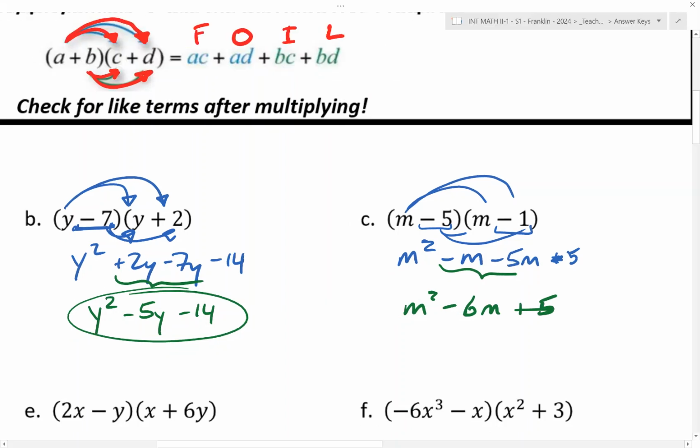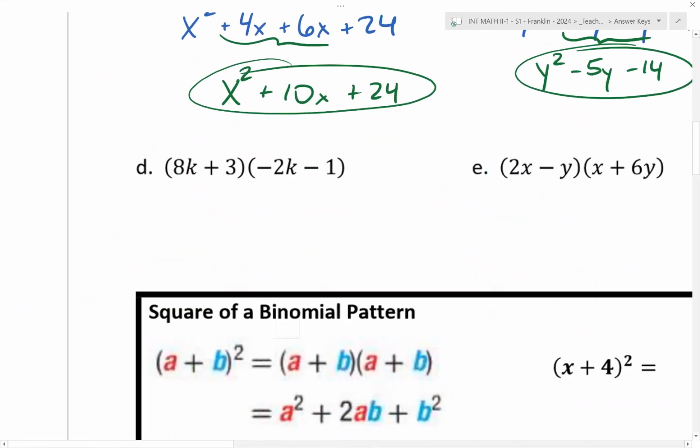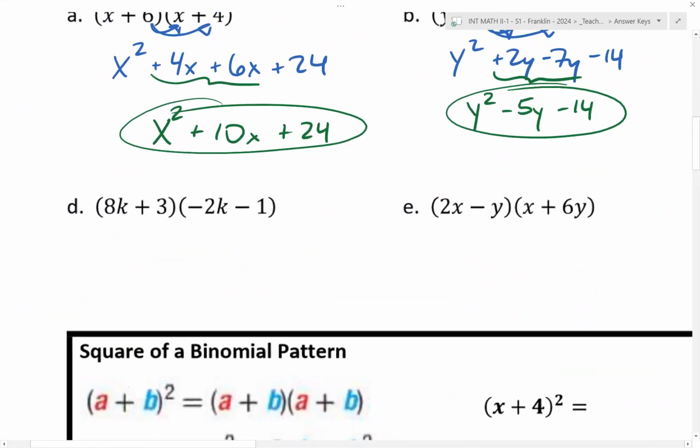All right, let's move on to example D. We have 8k plus 3 times negative 2k minus 1. Now, this is slightly different because the first three we did had just x or y or m. There wasn't a coefficient, but here we do. 8k times negative 2k, that's negative 16k. Just remember the rules for multiplying monomials. You'll be okay.